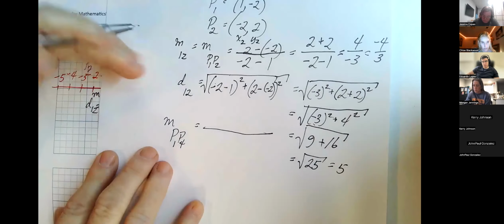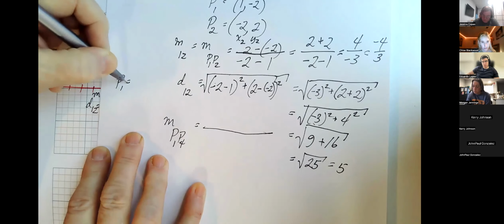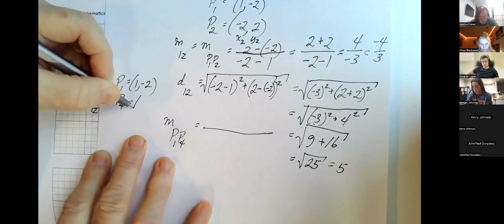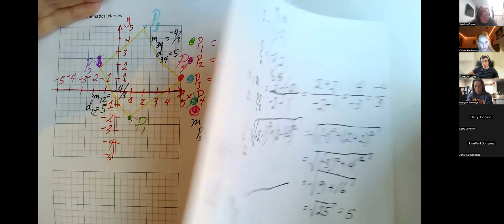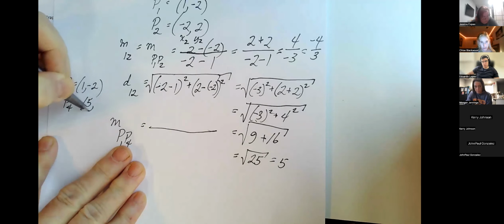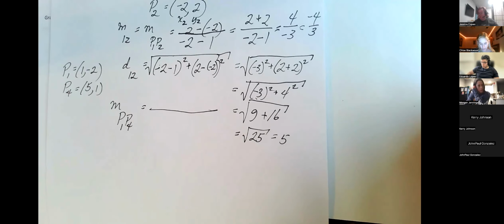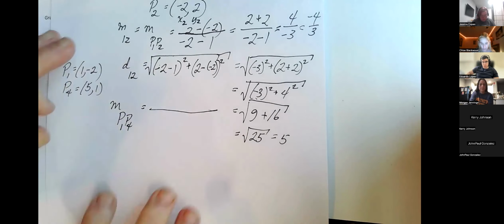And let's write down that P1 is 1, negative 2. P4 is 5, 1. And do you want to let P4 play the role of the second point? Yeah, that's fine. Okay, groovy.